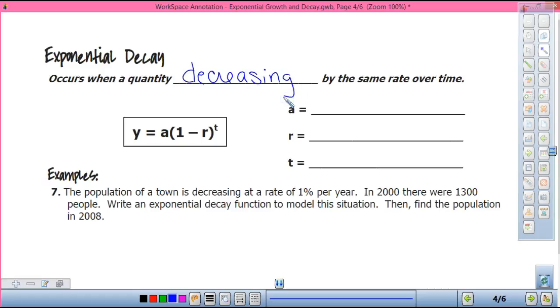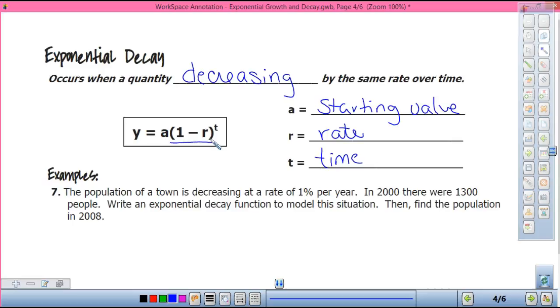A is still our starting value, R is still our rate, and T is still our time. The big difference between growth and decay is that now you're taking 1 minus your rate.